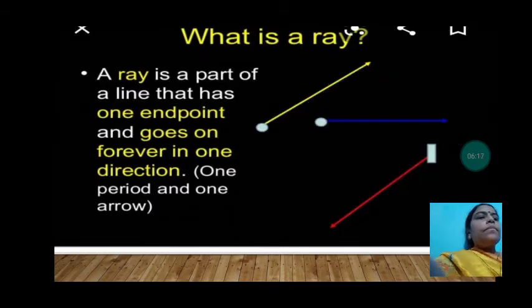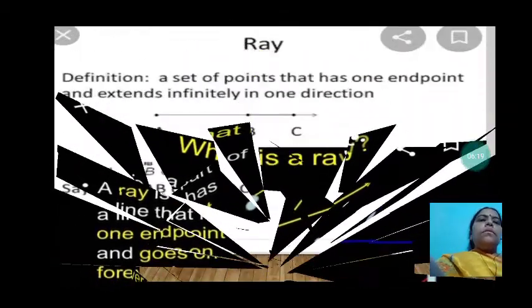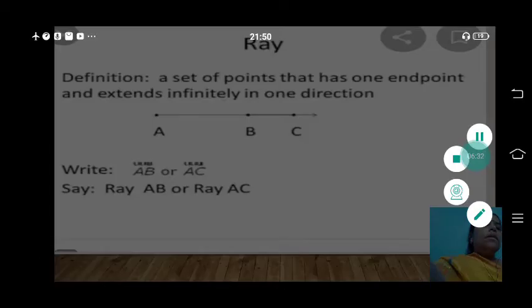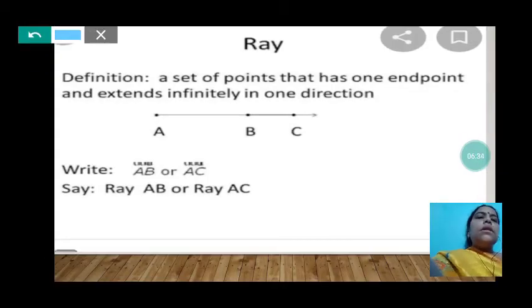Now, the definition of a ray: a set of points that has one end point and extends infinitely in one direction. You can see here the set of points A, B, C, and they are all moving in one direction, and it has one end point on this side.